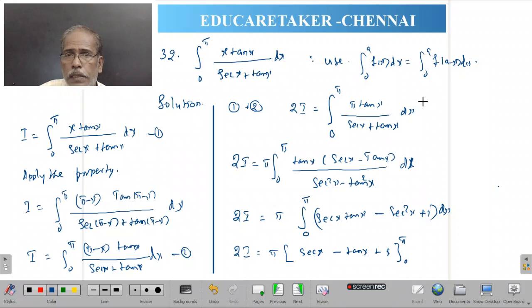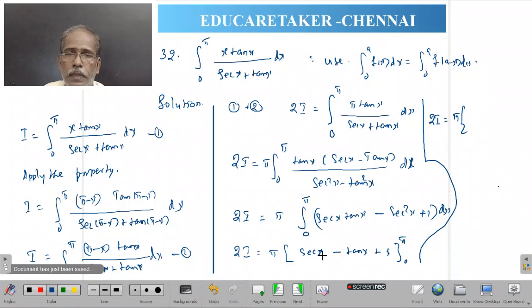This implies 2I is equal to pi times, upper limit secant pi is minus 1 and secant 0 is plus 1, so minus 1 minus 1, upper limit minus lower limit. And tan pi is 0 and tan 0 is also 0.